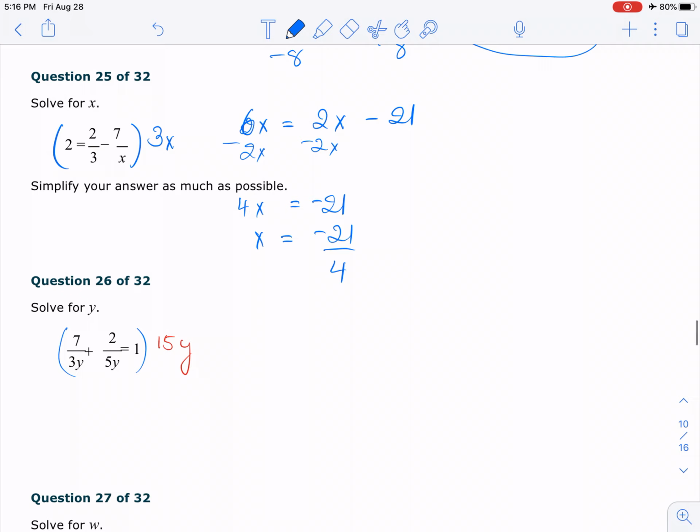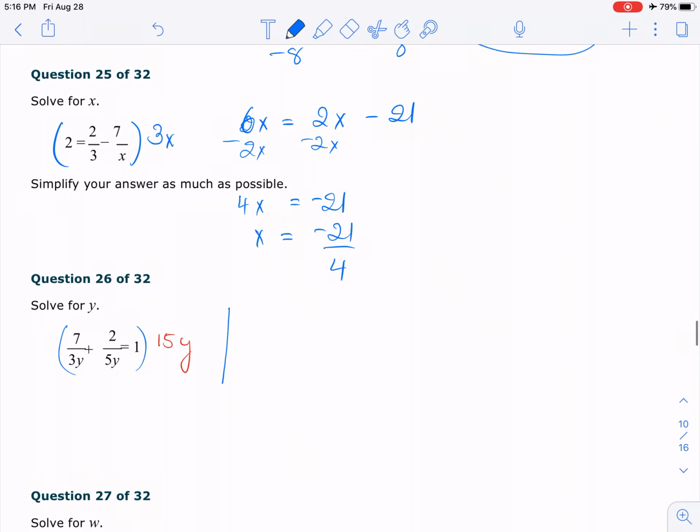the denominator should cancel out. So 15y divided by 3y is 5. So it's 35. 15y divided by 5y is 3. So it's going to be 6. And then I have 15y here.